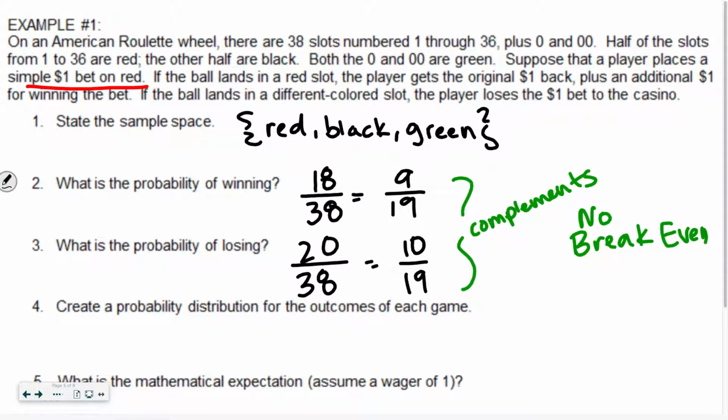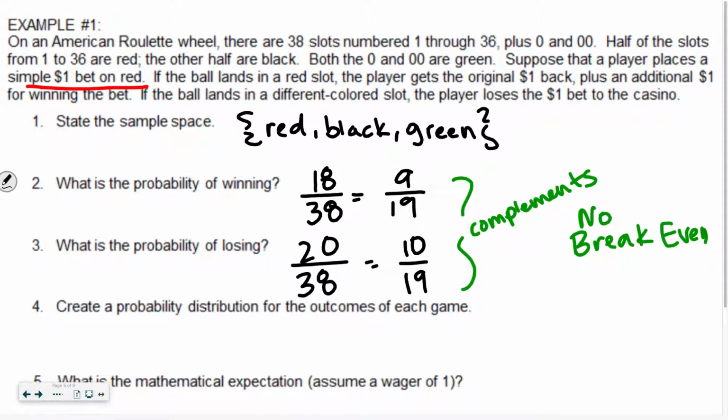If your probability of winning and your probability of losing do not add up to 1, you want to check, did you create an option for someone to break even? If you didn't create a break-even point, then maybe you have one of your probabilities incorrect. Maybe they should add up to 1.